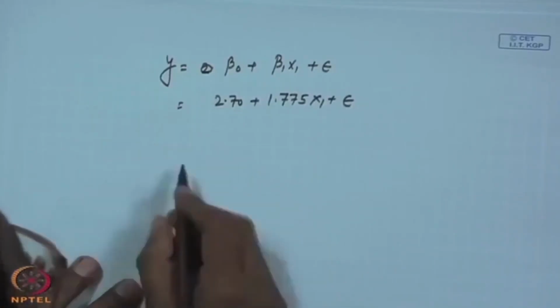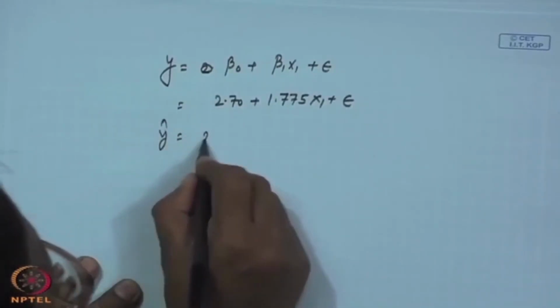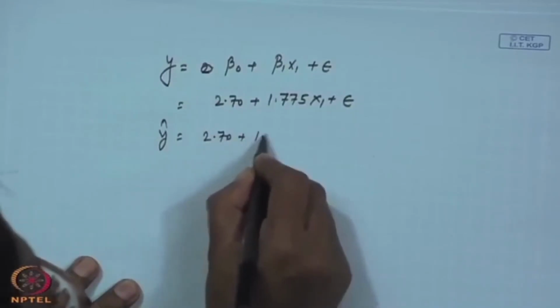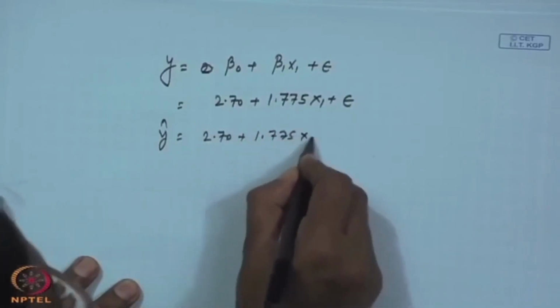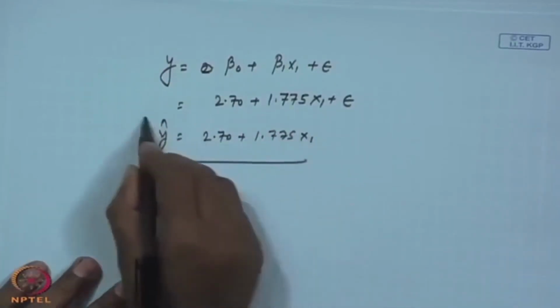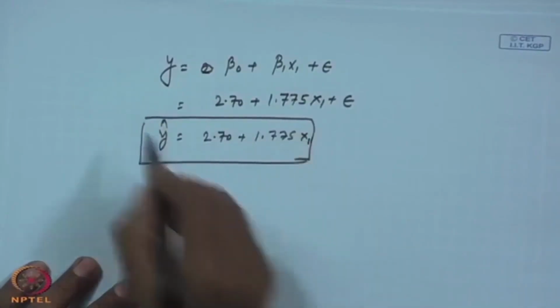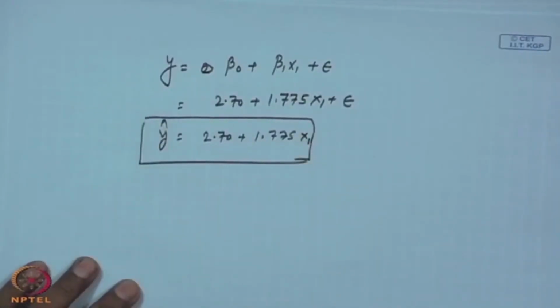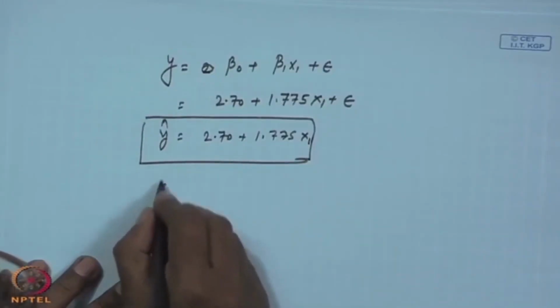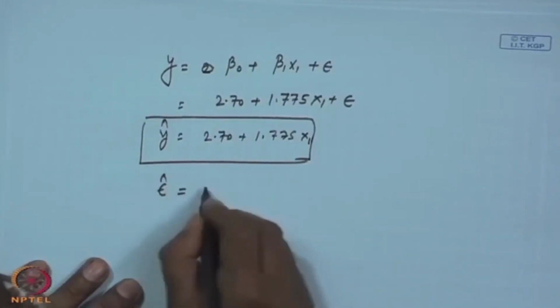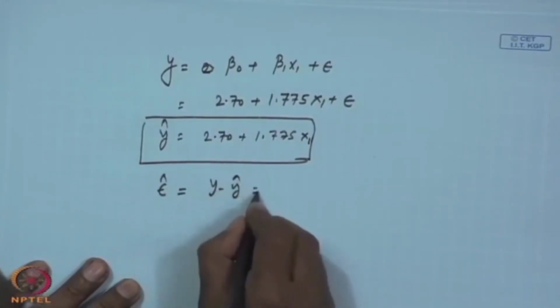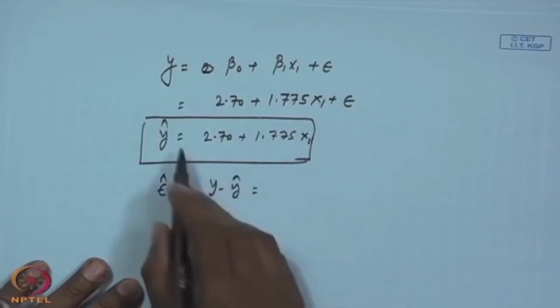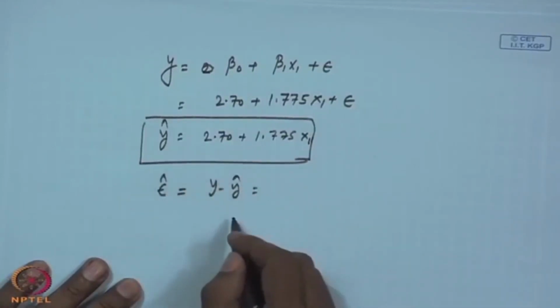This is your regression equation, and your y cap will be 2.70 plus 1.775 x1. This is y cap, and if you want to find out the epsilon cap, the error term, that is y minus y cap, you have to find out.